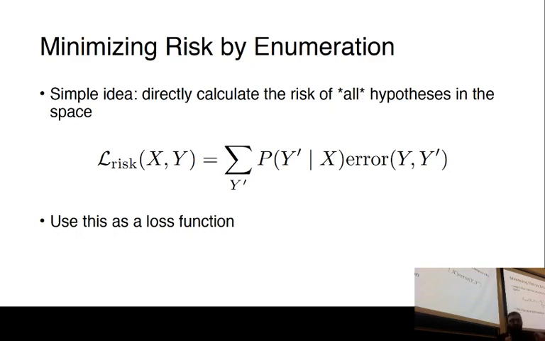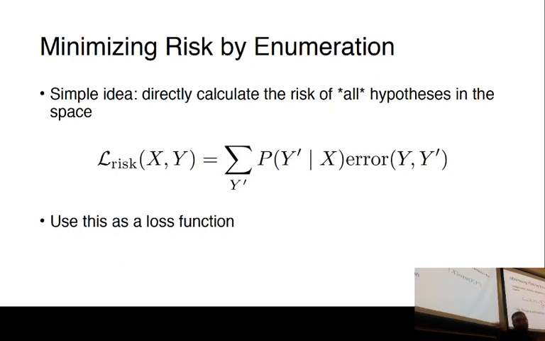And the risk is basically the probability that we will get the output wrong. So what we want to do is to kind of reverse the problem. Instead of maximizing the correct output, we want to minimize all the probabilities of all the wrong ones. Does that make sense?